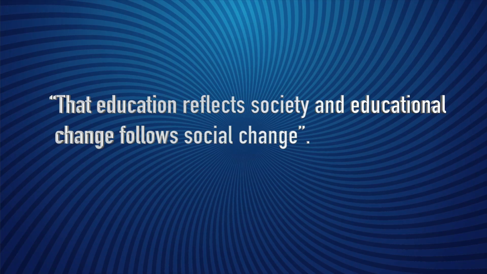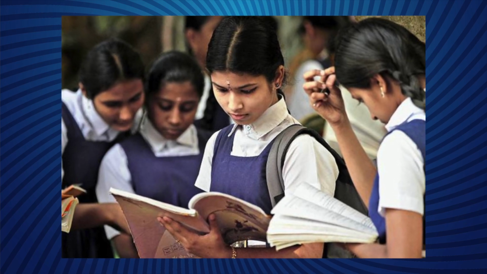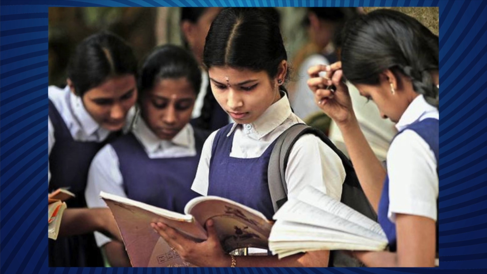Education reflects society, and educational change follows social change. Though education conditions development, it itself is a product of prior social and economic changes in society. Further, education is an independent factor in social and economic development, producing intended and unintended consequences and conflicts of values and goals.